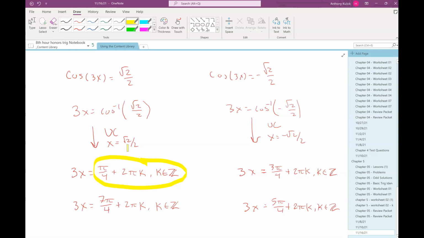The k is my factor, where k is an integer. So like 2 times 2 pi or 5 times 2 pi or negative 7 times 2 pi. Those are all going to give me something coterminal, because the integers are positive and negative whole numbers. And I need to do that anytime the coefficient on my x isn't 1.